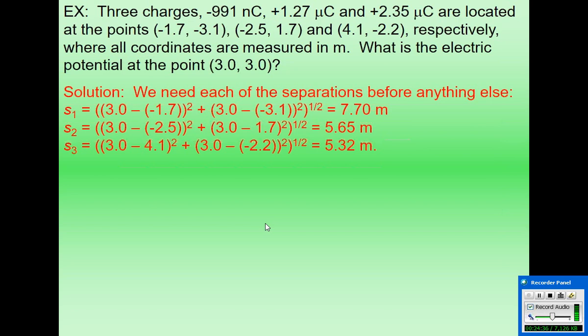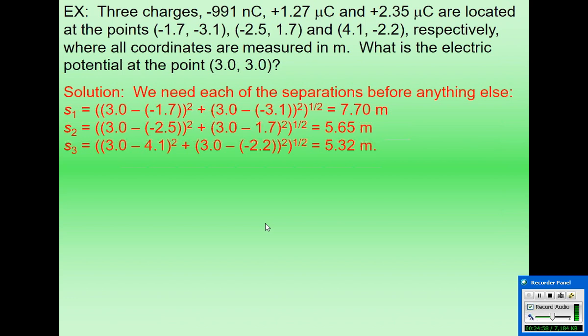So negative 991 nanocoulombs is at negative 1.7 meters, negative 3.1 meters. Positive 1.27 microcoulomb charge is at negative 2.5 meters, 1.7 meters. And the positive 2.35 microcoulomb charge is at 4.1 meters, negative 2.2 meters.